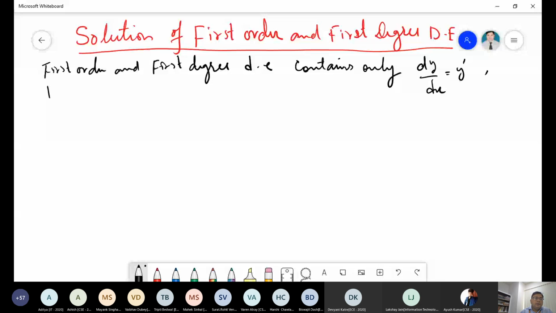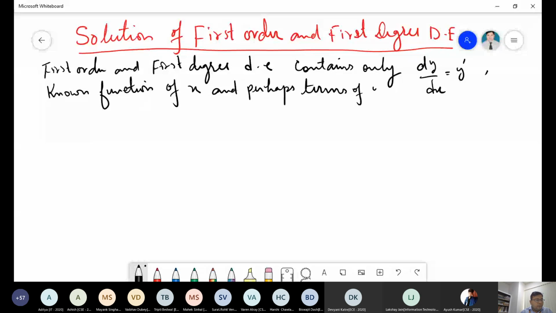The known function of x, and perhaps terms of y itself, because it's not necessary that the y should be there, because we have already the derivative of the dependent variable. So it might be possible that the y should not be in that equation, but the first order and first degree should be there.